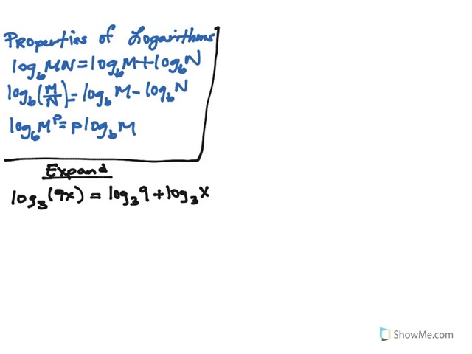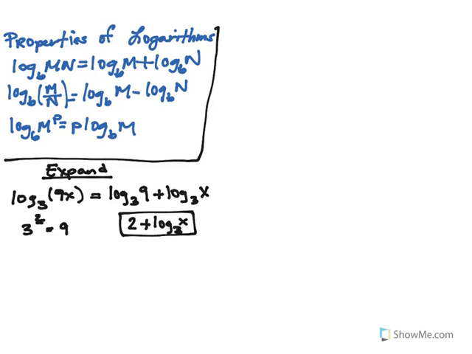Now, remember, you have to be able to look at a logarithm and know if it can be evaluated or not. Log base 3 of 9 can be evaluated. We have a base, and that base raised to some exponent is supposed to give me 9. What would that be? It would be a 2. So this is going to be 2 plus log base 3 of x.